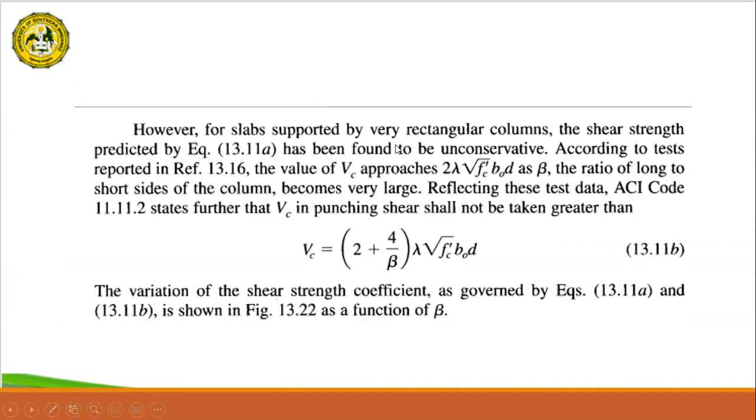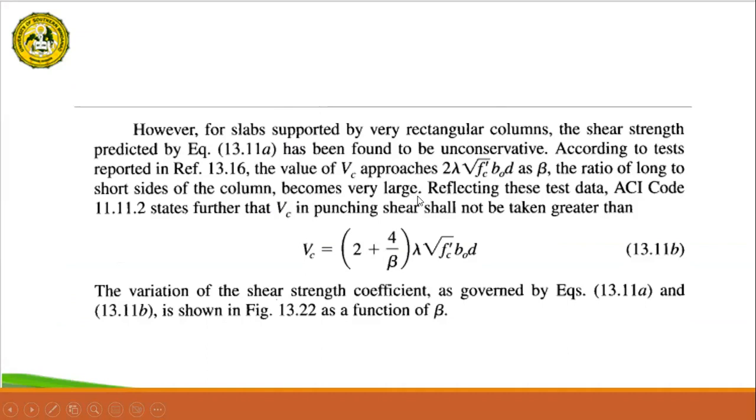However, for slabs supported by very rectangular columns, the shear strength predicted by equation 13.11a is unconservative. So according to tests, the value of Vc approaches this expression as the beta, or the ratio of long to short sides of the column, becomes very large.